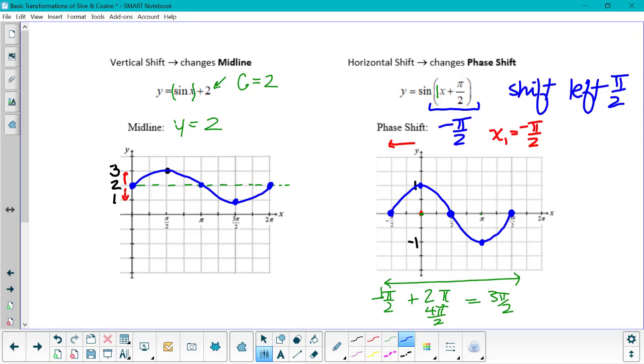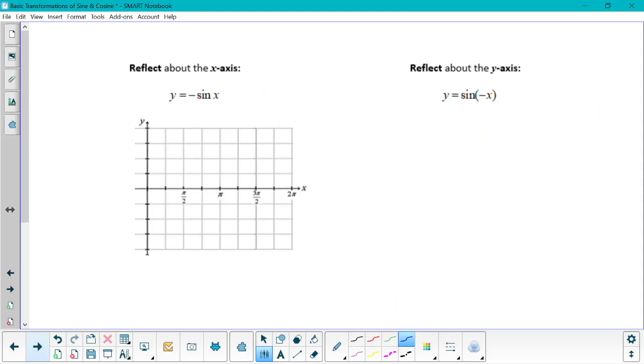The last transformation is reflections. Reflecting about the x-axis, remember, is when we multiply the function by a -1. So what does that do? Every point that's above goes below, and every point that's below the x-axis goes above.